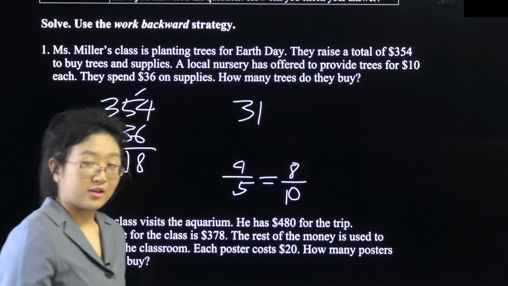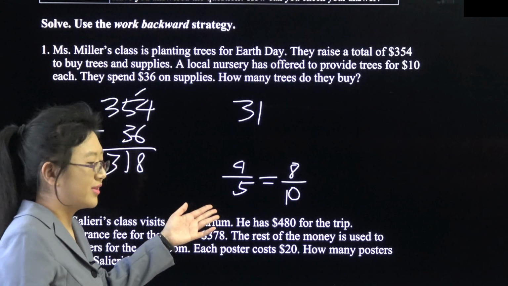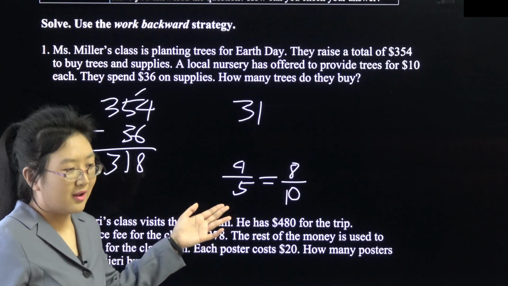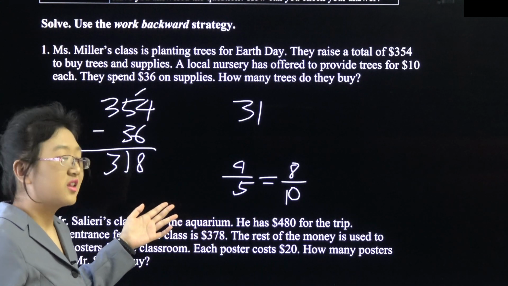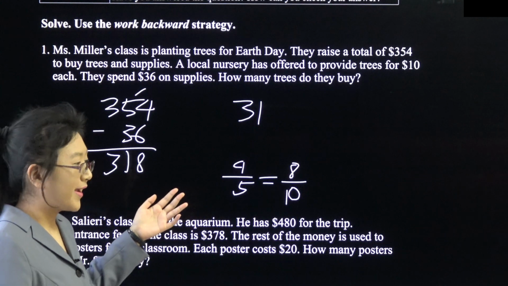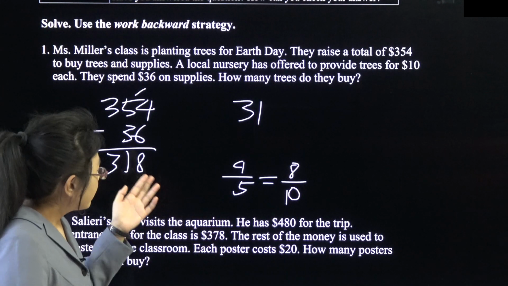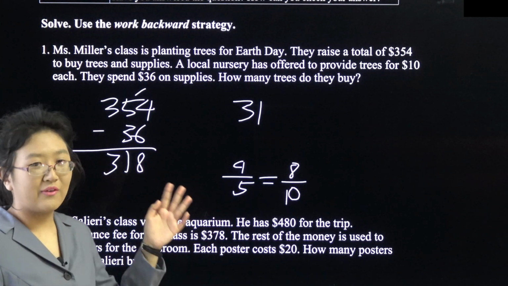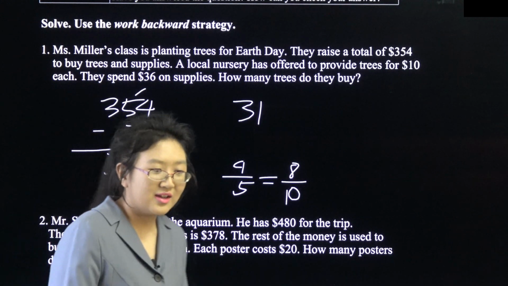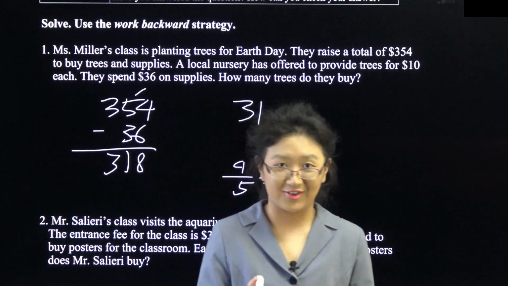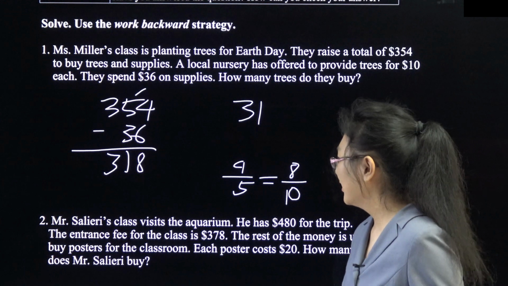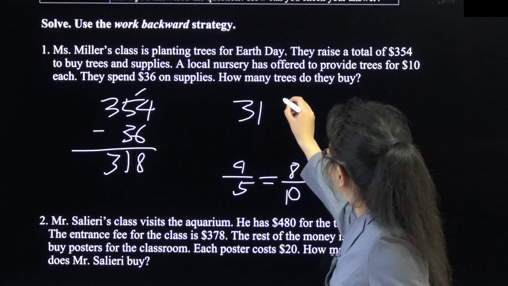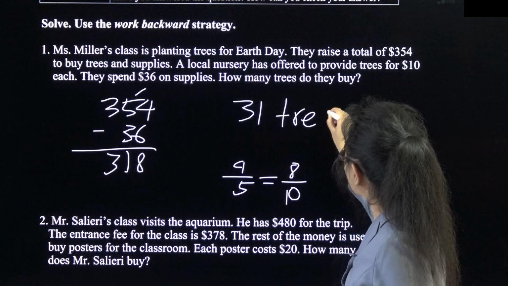I mean, sure, it's a math textbook, but you still have to have that much common sense. Although there's ridiculous stuff, as I've said, about people buying 80,000 baguettes, you still have to acknowledge that you can't have half a human in your class. So, yeah. 31 trees.